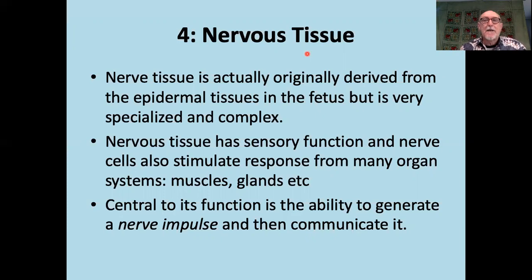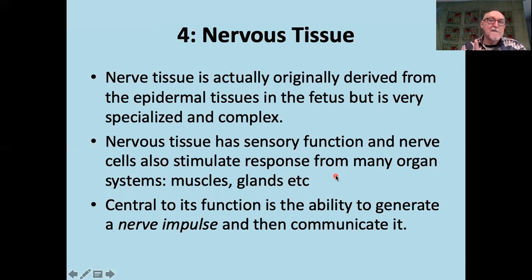But it does depend on electrical charge. So nerve cells are able to produce a nerve impulse, and they are able to receive a nerve impulse and respond to it in a particular way. The way in which they respond depends very much on the cell that you're talking about, on its function. But that is essentially its function.